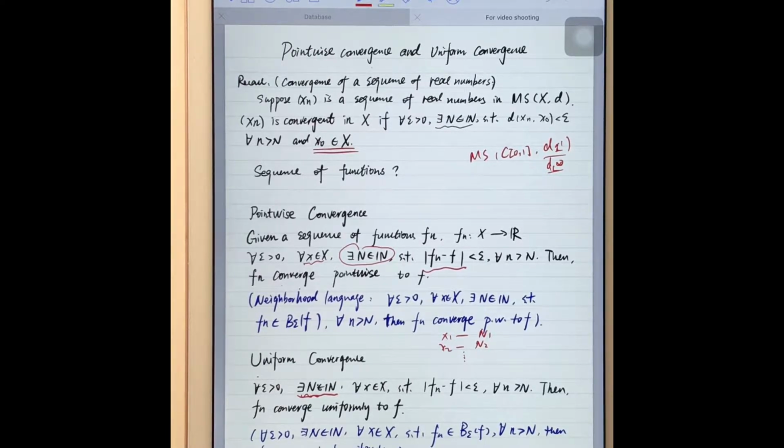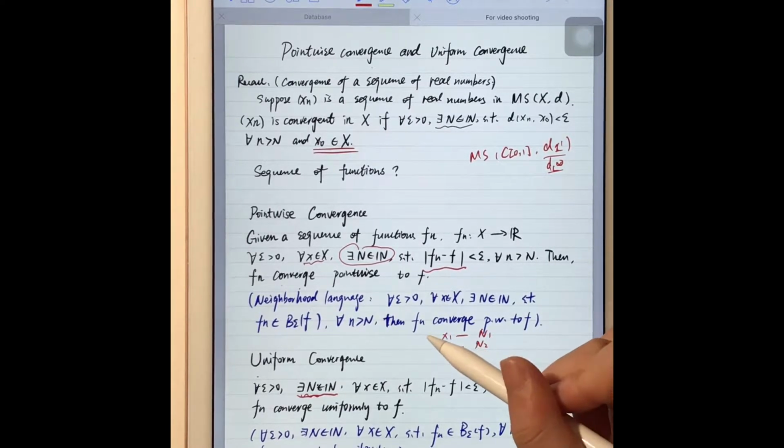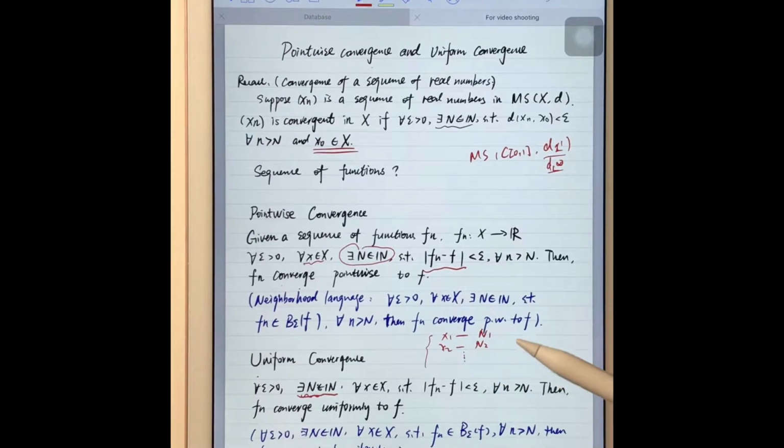And for uniform convergence, first of all, this must be satisfied, but that's not enough.